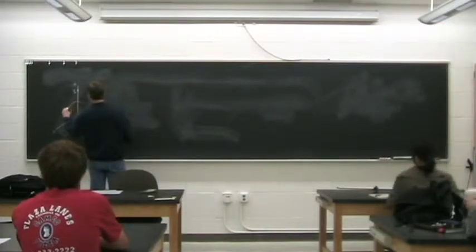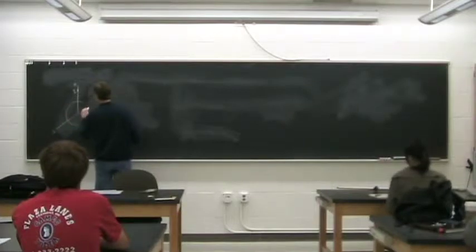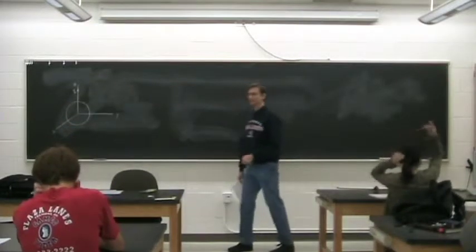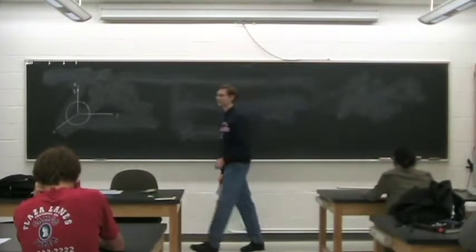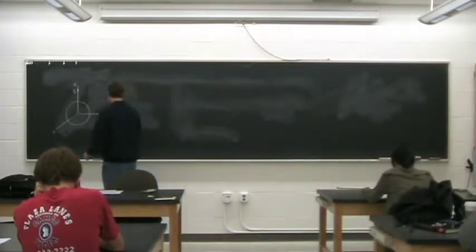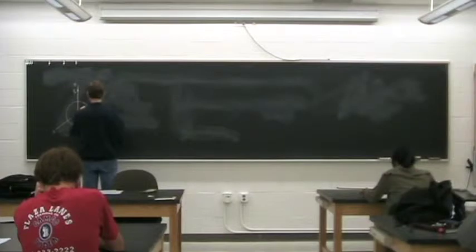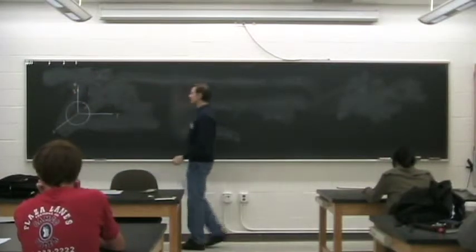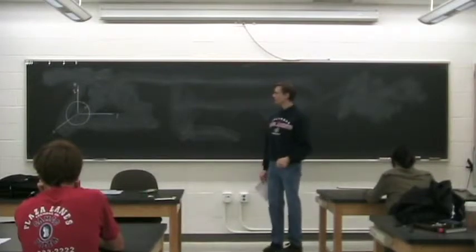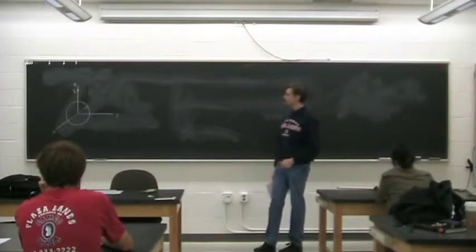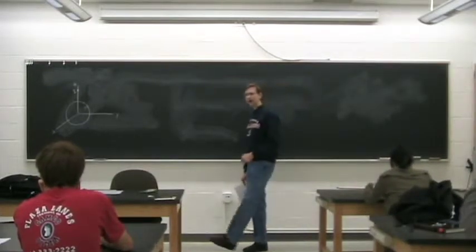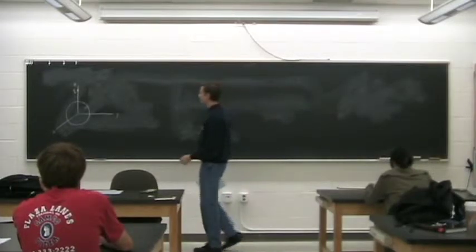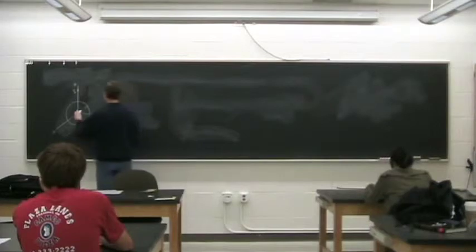And so, following the principle that you put the center first and then draw the sphere around it, which isn't actually the principle, but it's the one I just followed here, we'll show that the average of the potential due to a point charge over the surface of a sphere, where the point charge lies outside the sphere, is in fact equal to the value of the potential at the center.